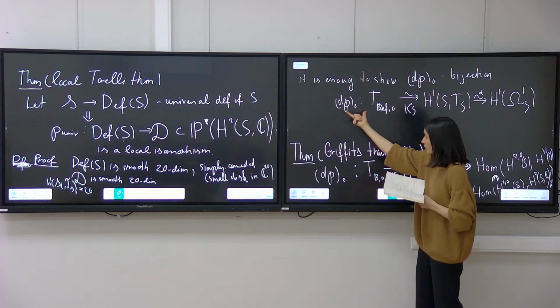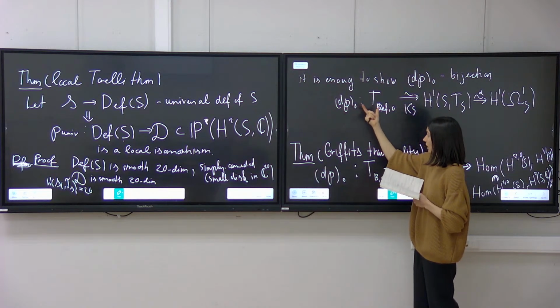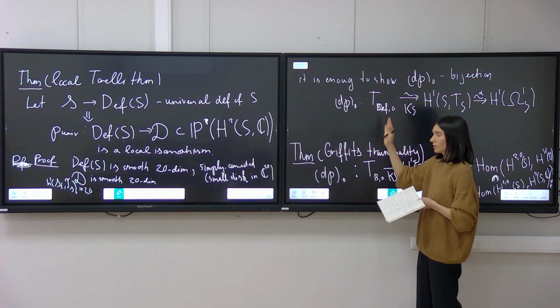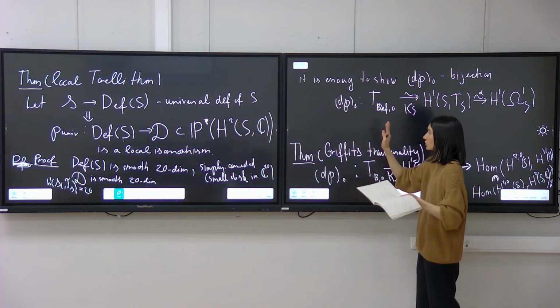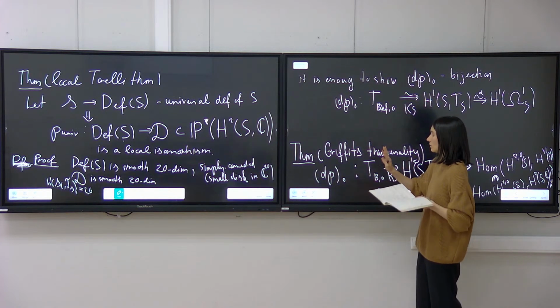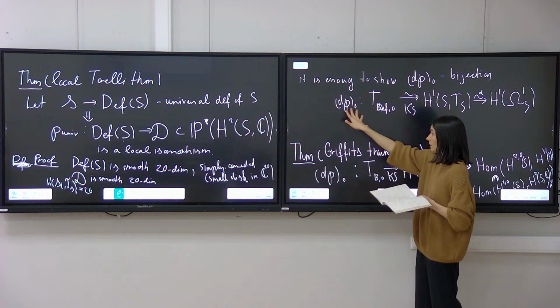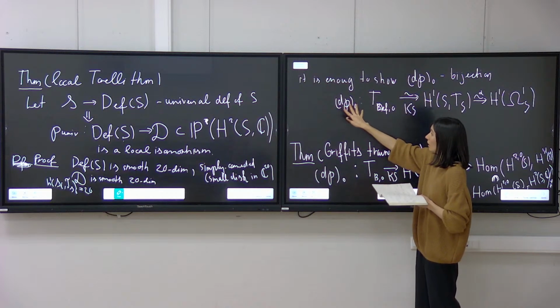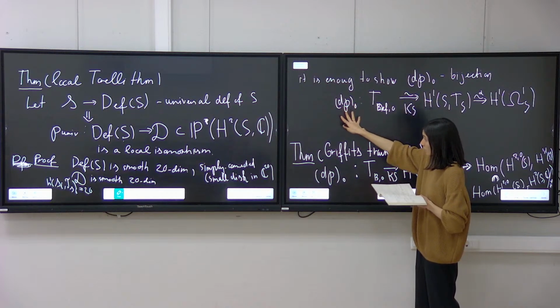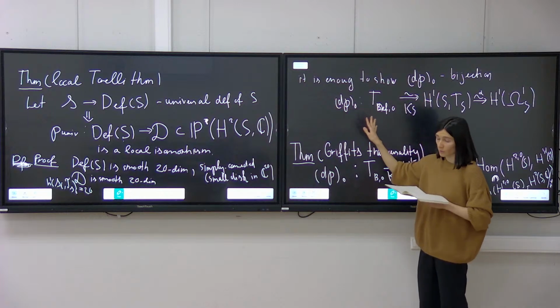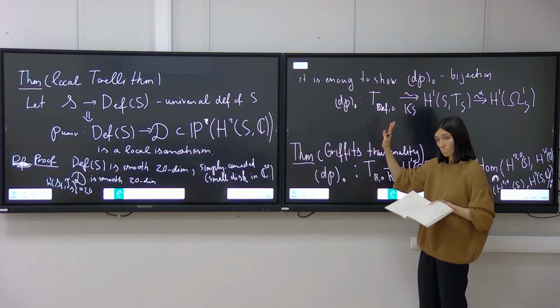Okay, so from Griffith's transversality, and this difficult Kuranishi statement about deformation theory, we immediately obtain that the corresponding period map for the universal deformation of a K3 surface is bijective. Okay?